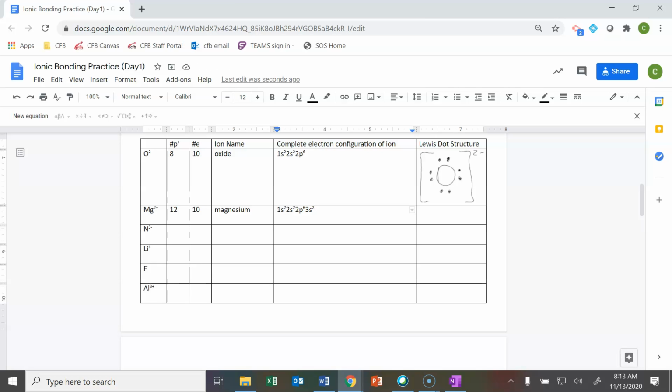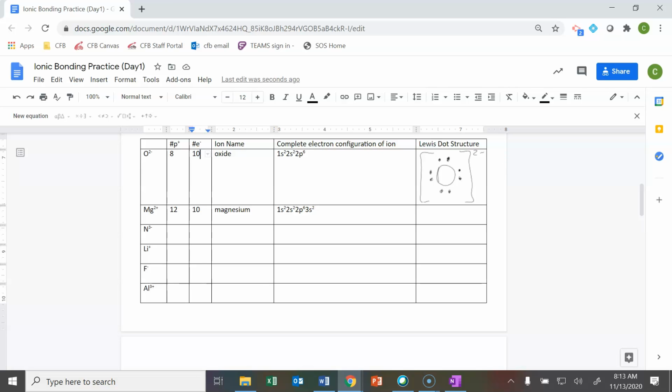That's if it was the magnesium atom, but remember, we're looking at the ion. That is, after it's either gained or lost electrons to get to a full octet, and it's got a certain charge. Well, I lost 2 electrons. So instead of having 12 electrons, I have 10 electrons. That's another way of looking at this, and I should have mentioned that in the last one.